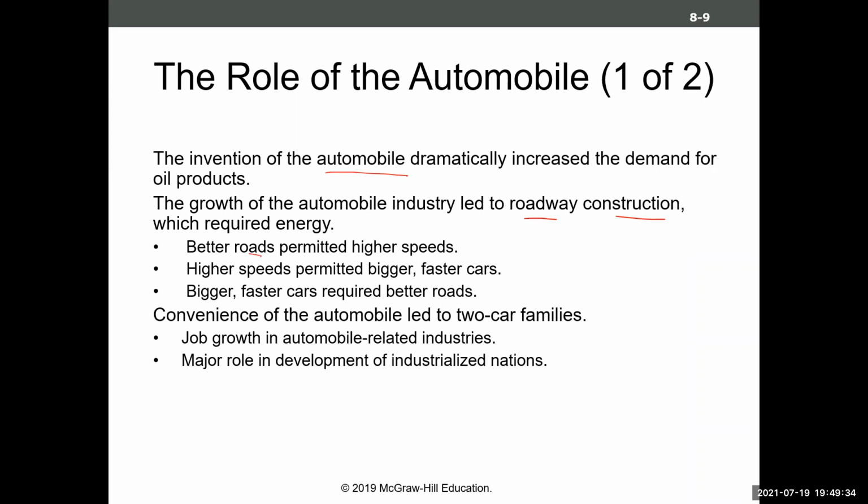So now your cars can be built to go higher in terms of speeds, and higher speeds lead to faster cars. Bigger, faster cars require more efficient roads. And so you have this evolution of roads to the car, or car to the roads. And also, those bigger, faster cars require bigger engines, and they require more energy.